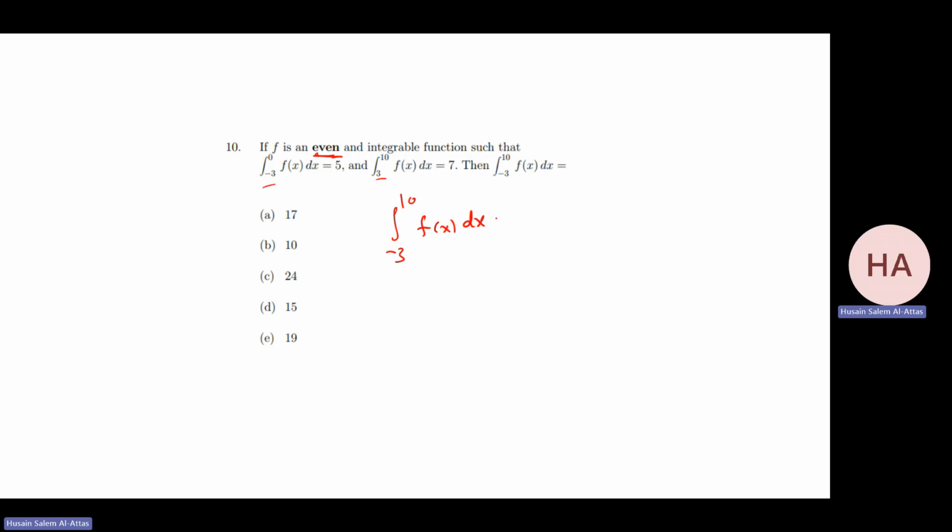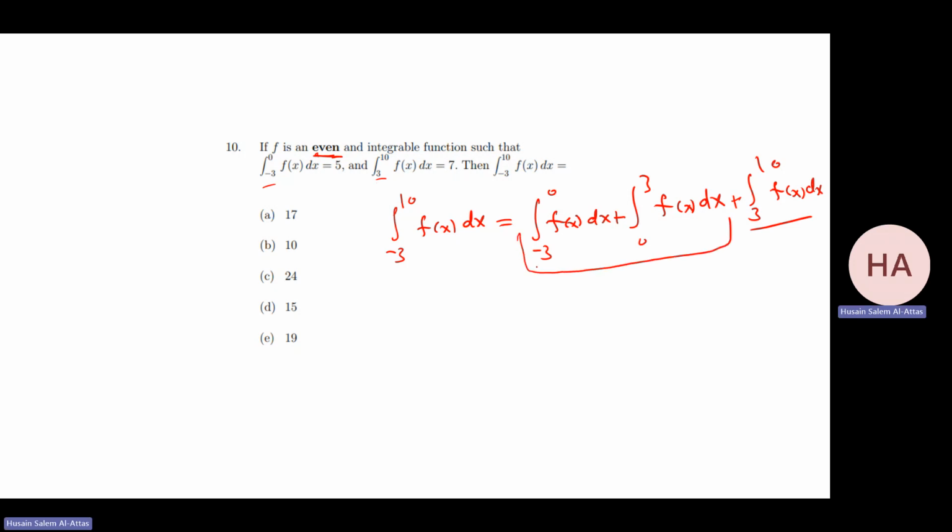So it means I need to move to the integral from minus 3 to 0 of f of x dx plus 0 to 3 of f of x dx plus 3 to 10, to come back to 10 and start from minus 3 up to 10. If you notice, these two is what?